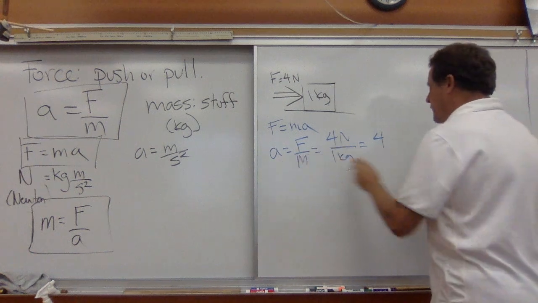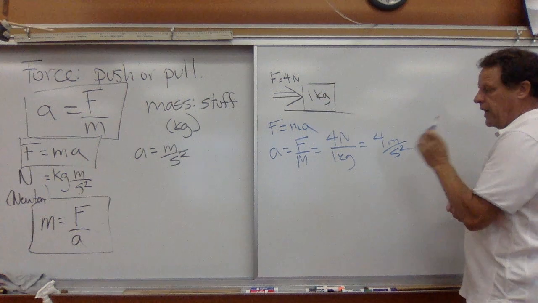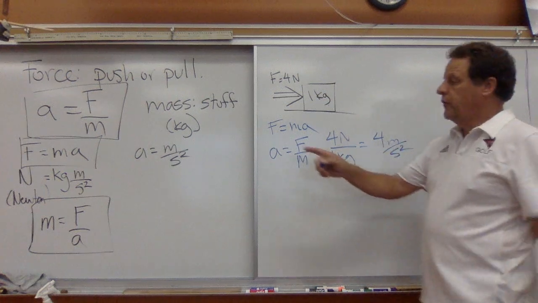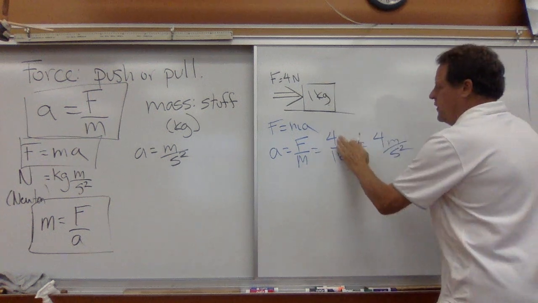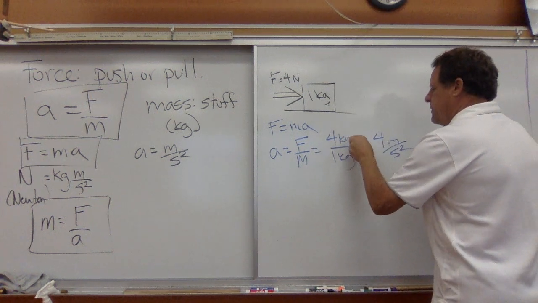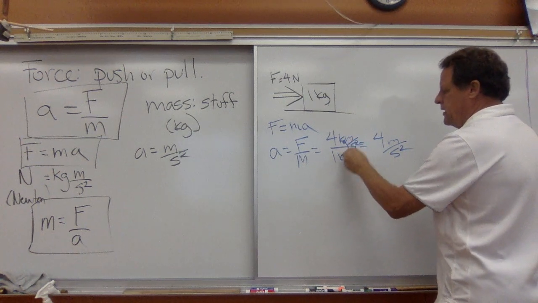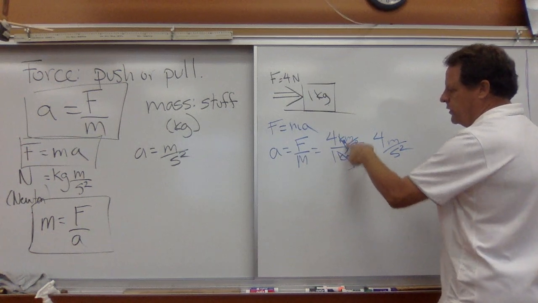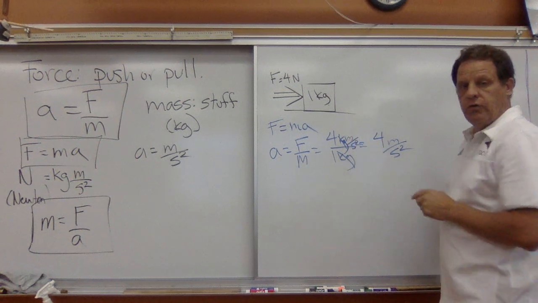Now the units for acceleration are meters per second squared. To show you that, if we go back to what a Newton is, that is a kilogram meter per second squared. If we line those up, those kilograms cancel out and we're left with meters per second squared.